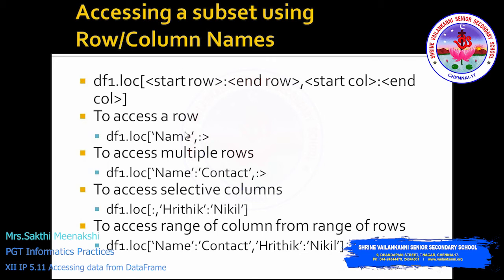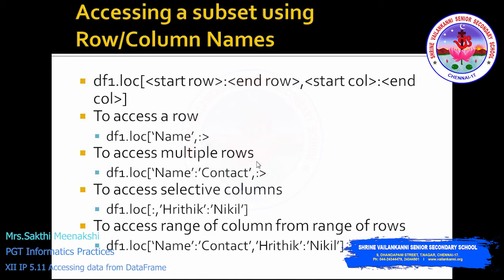So I am not mentioning any colon here, only the row name, comma, and this colon is a must. After the comma we are mentioning this colon, and this colon refers to all the column values. So a particular row and all the column values. For the Name row, it displays all the column values.